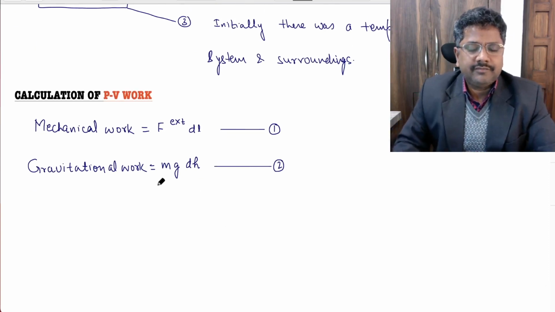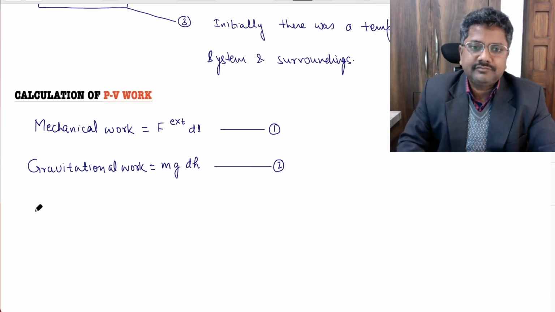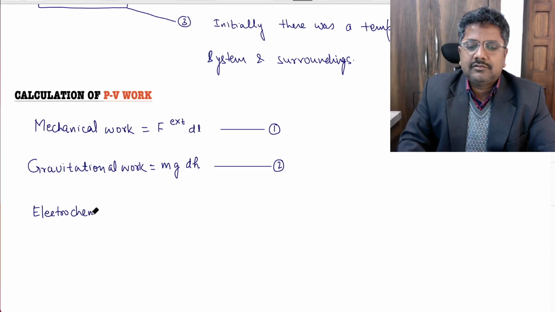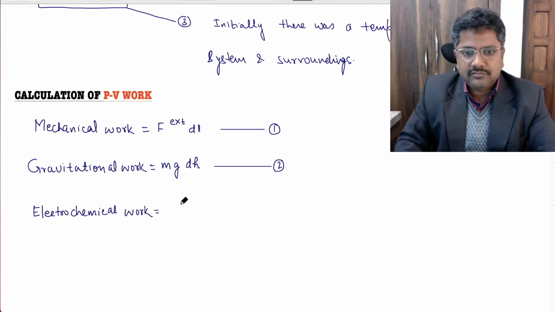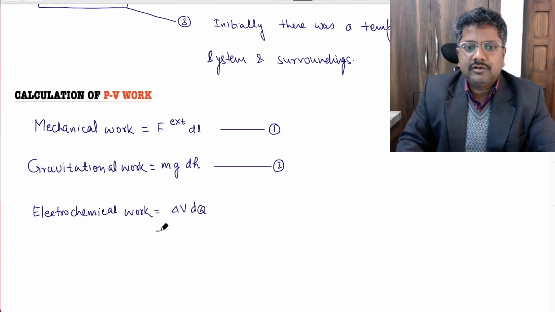Similarly, if you take electrochemical work, this is equal to delta V, the potential difference, into dq, or delta V into I into dt.